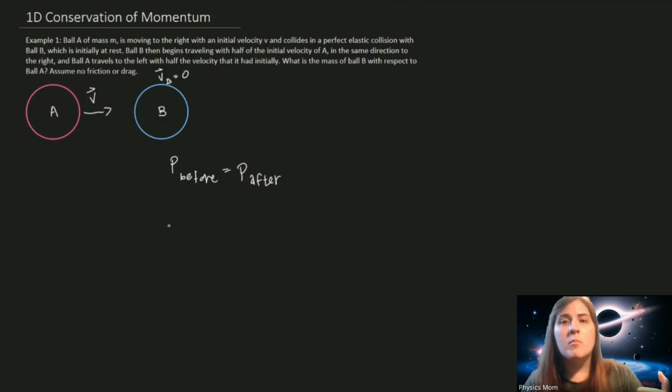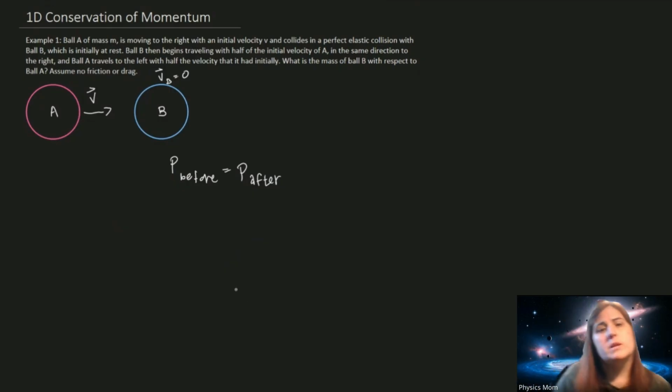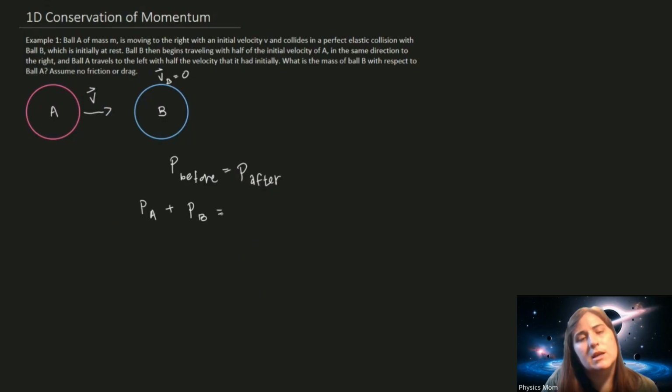It's the sum of the individual balls' momentums, so the momentum of A plus the momentum of B. And after, if this is a perfectly elastic collision, we know they don't stay together. So we could call this the initial momentum of A plus the initial momentum of B. This then would be the final momentum of A plus the final momentum of B.